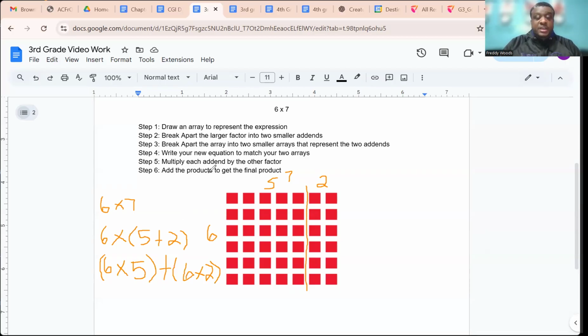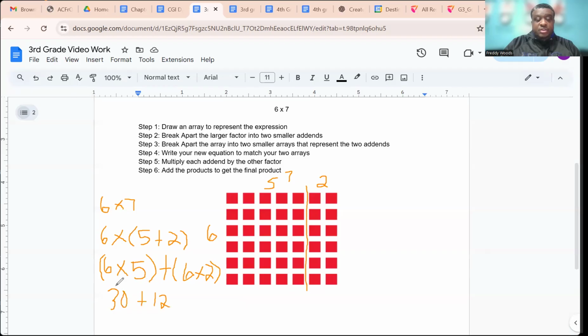Next step, multiply each add-in by the other factor. I did that. I know 6 times 5 is 30 plus 6 times 2 is 12. Now add the products to get the final product.